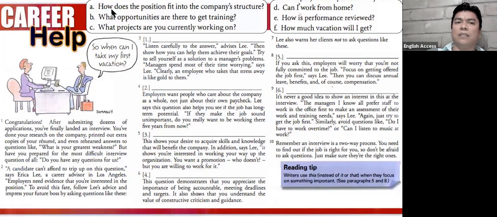And go ahead and work on it. Where do these questions go? We have questions A, B, C, D, E, and F, and we have spaces 1, 2, 3, 4, 5, and 6. Go ahead, complete the activity, and we'll talk about it in a minute, okay?